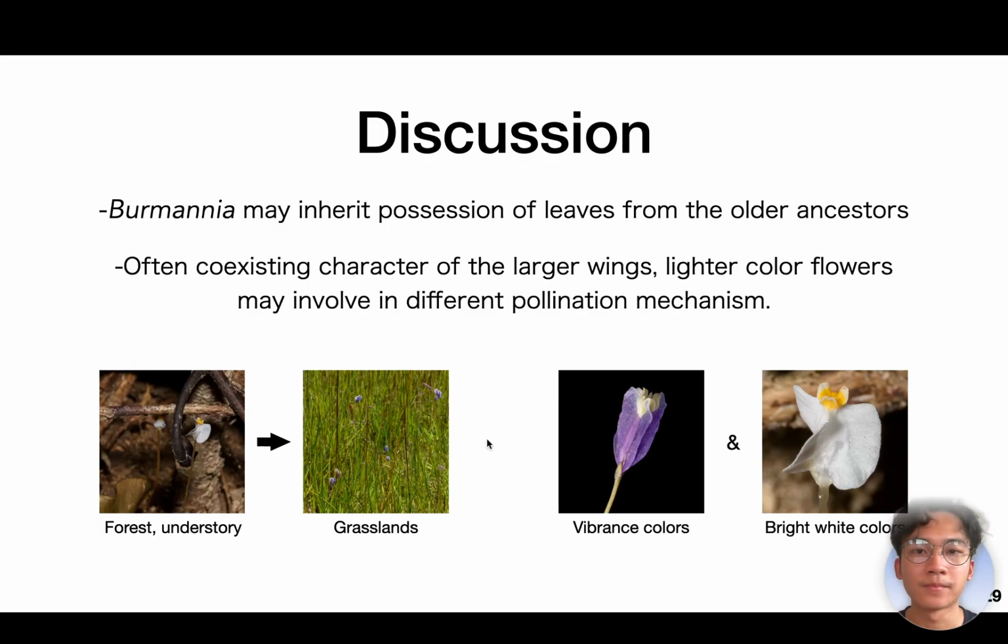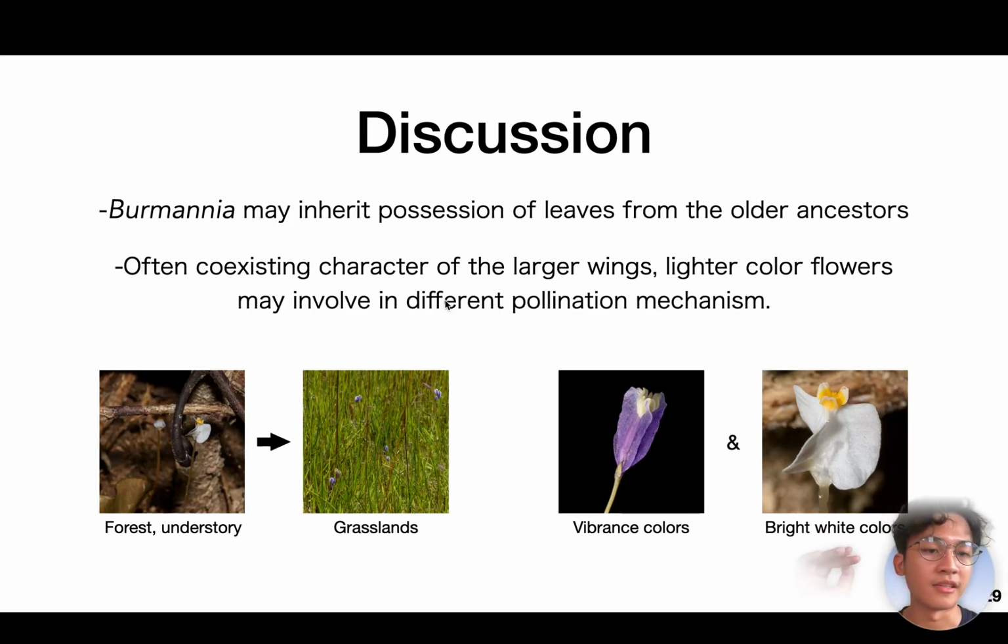And for the discussion, it's quite amazing to see here that we tend to think that evolution goes only one way, like from being able to do photosynthesis to not being able to. But in Burmanniaceae, some keep that character from the further down ancestor, and some of them evolve back into relying more on photosynthesis.